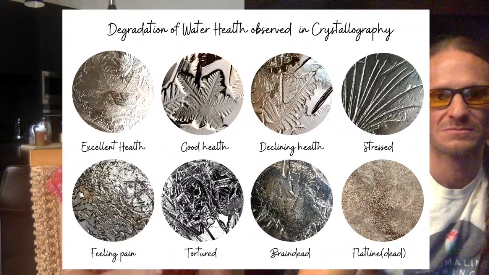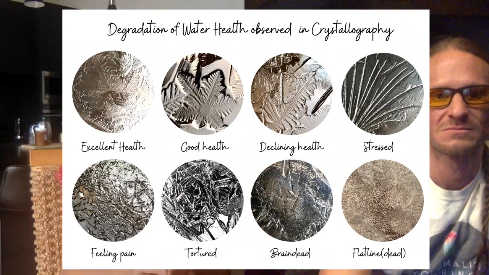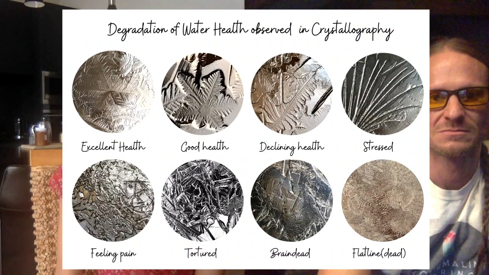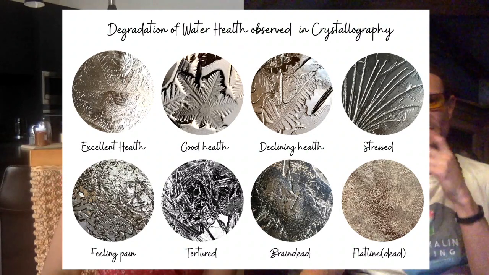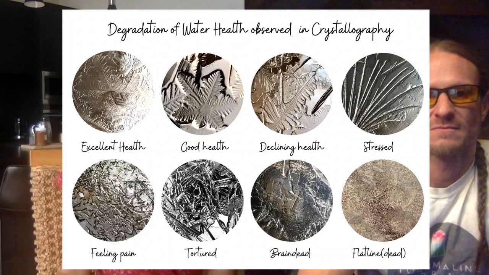That is what I typically see in municipal tap water. Structurally, it's not making form, it's lots and lots of lines. You'll notice that the 3 beside that are all unnatural. So, tortured and brain dead.